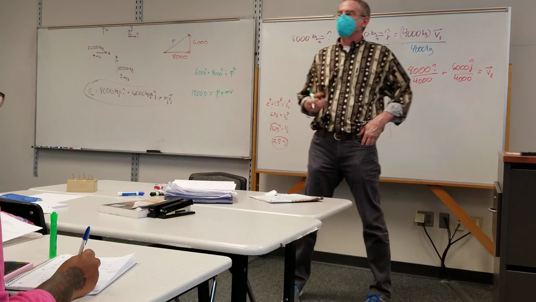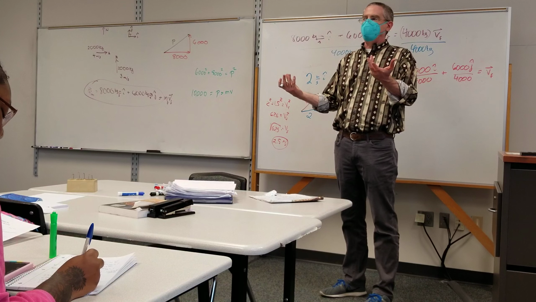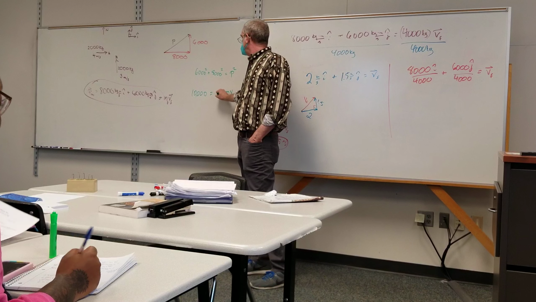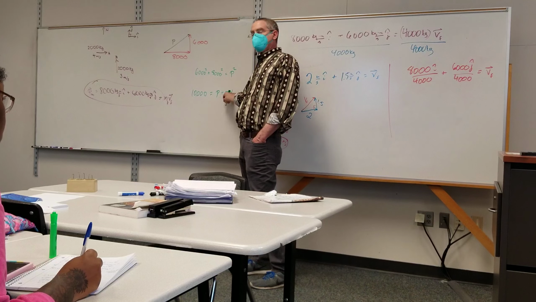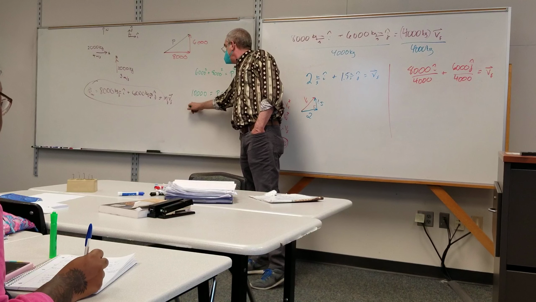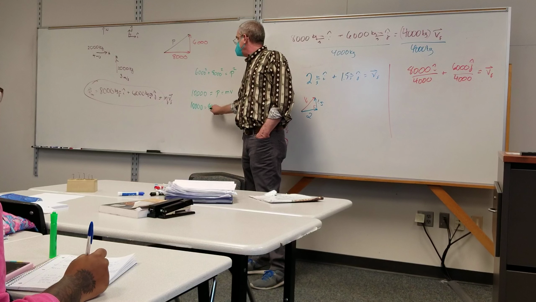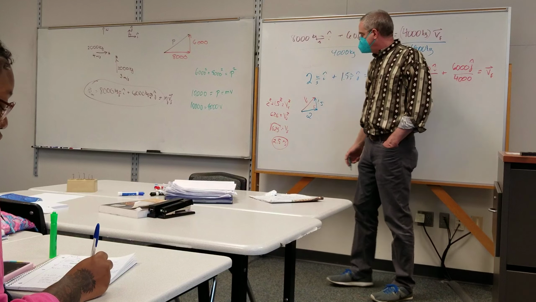It's one object, so the direction of my velocity has got to be the same as my momentum. So 10,000 is equal to mass times speed, so 10,000 is equal to 4,000, because that's my mass now, times my speed. Divide by 4,000, and you get 2.5.